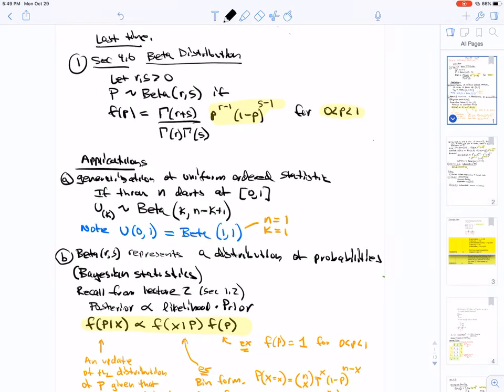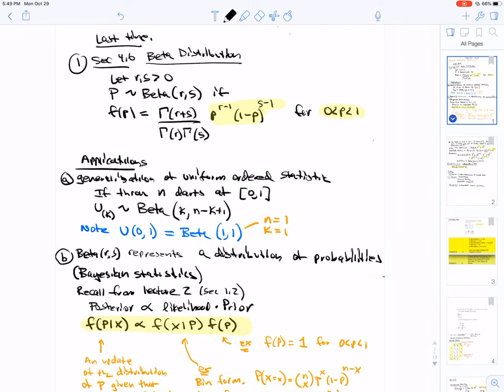One is that it's a generalization of uniform order statistics. If you throw n darts at the unit interval, the kth order statistic is beta(k, n-k+1). That's what we saw last time.